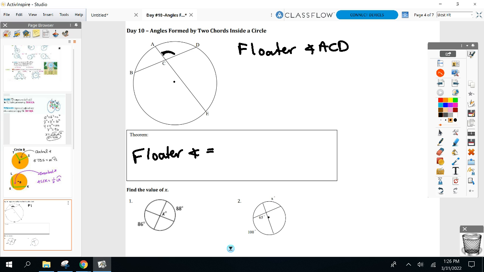I am going to take its arc measure, add it to, using a term we've used before, its vertical angle's arc measure.